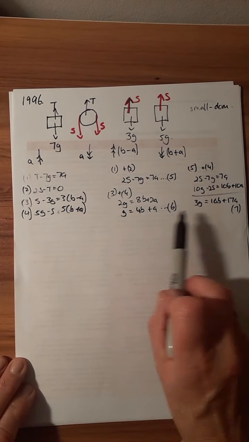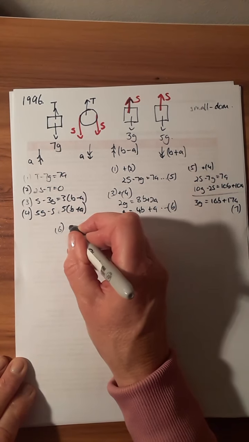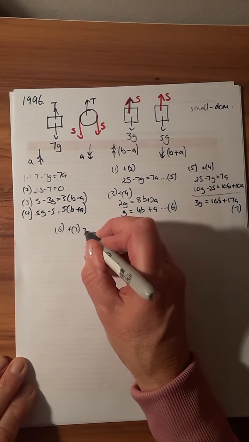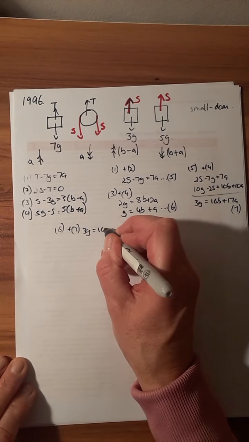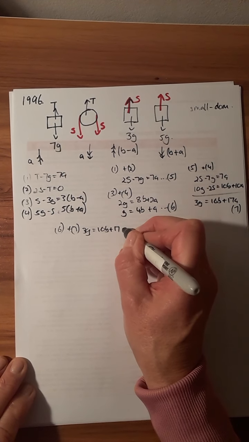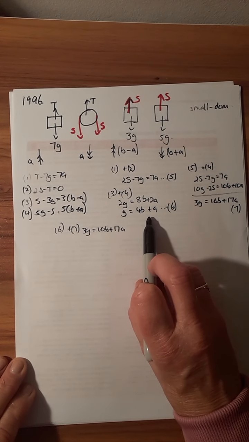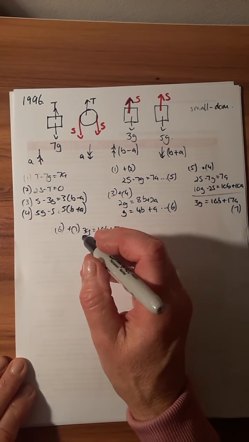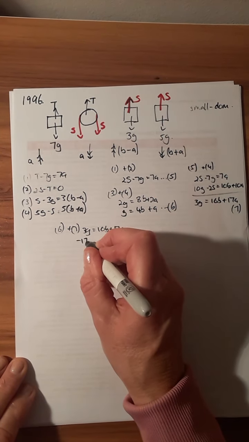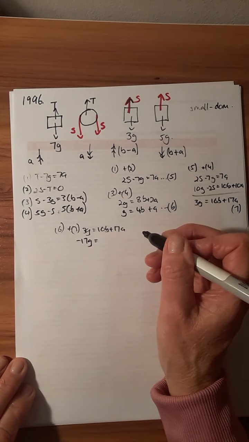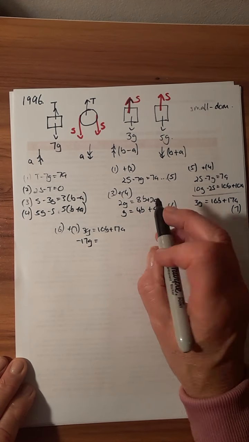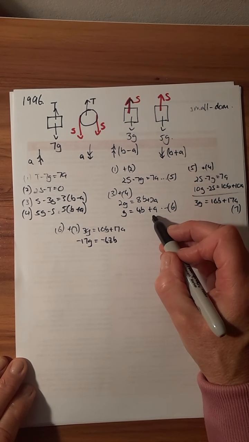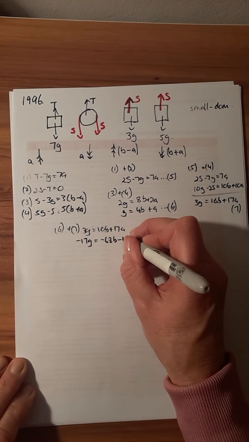Okay, so I'm going to take equation 6 and equation 7, and this will become 3G is equal to 10B plus 17A. And I'll take this equation and multiply it by minus 17, and this will become then minus 17G is equal to minus 68B minus 17A.